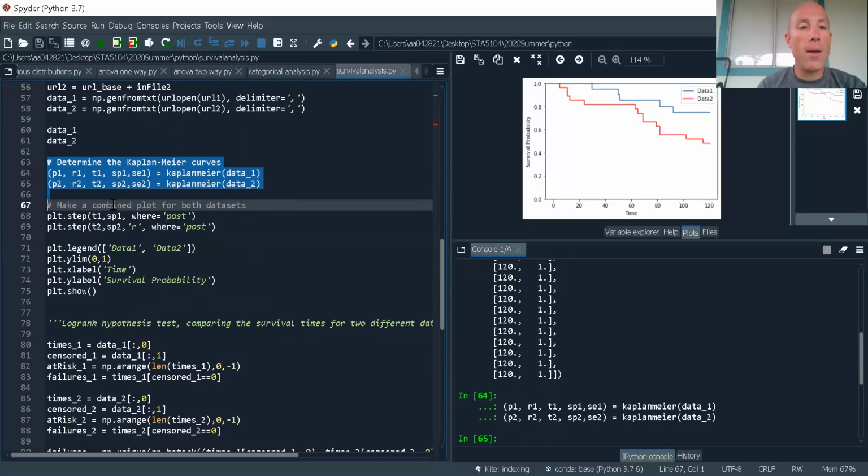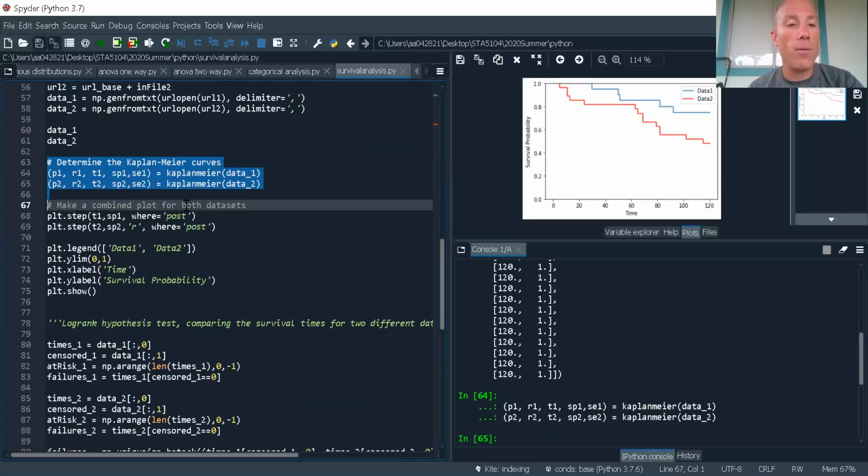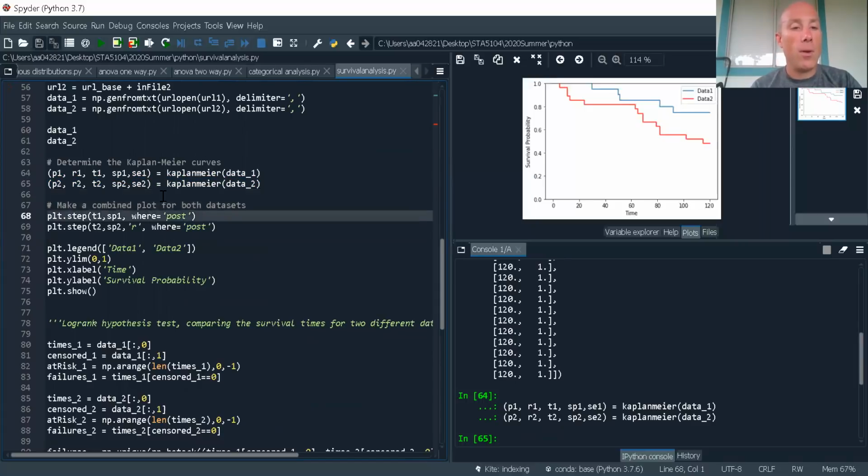All right, so this defines the P's, the R's, the T's, and SP's and SE's for the curve. This is all we need to define our curve. Now, let's go ahead and actually make the plot.